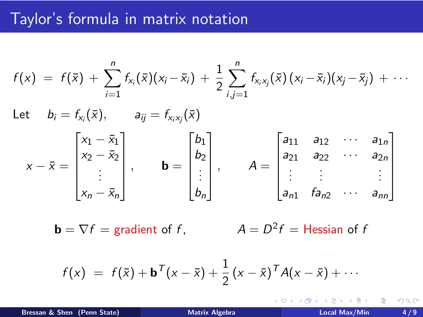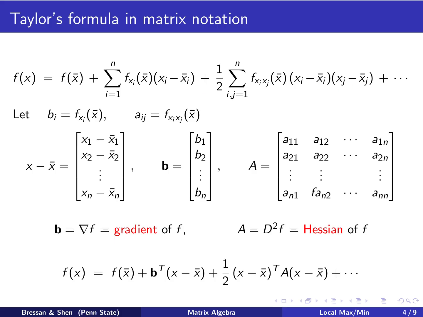And then A here, one could also write it as d square, meaning the second derivative of f. And it's also called the Hessian of f. This is a matrix.